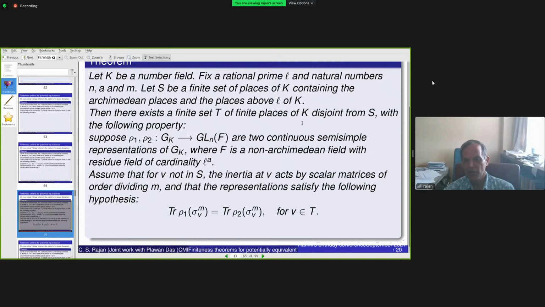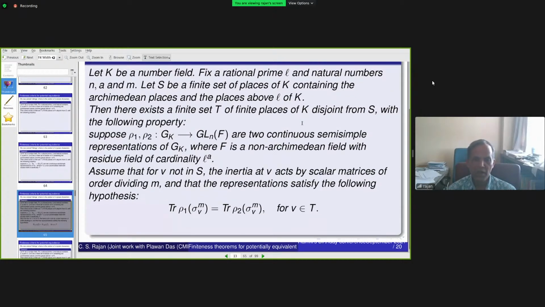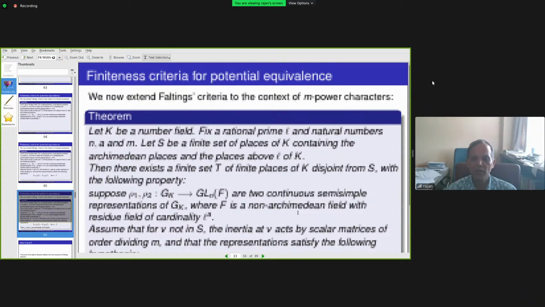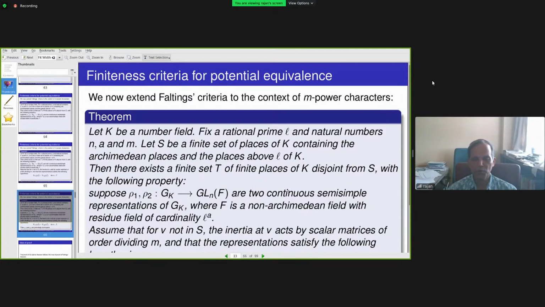It's not that ρ1(σ_v) is defined only up to some root of unity, but ρ1(σ_v)^m is well defined because the inertia is acting by scalar matrices of order dividing m. And so we ask for an equality of these characters. Okay, and so that is what we are saying: trace of ρ1(σ_v)^m equal to trace of ρ2(σ_v)^m, right? And once that holds, then ρ1 and ρ2 are potentially isomorphic.